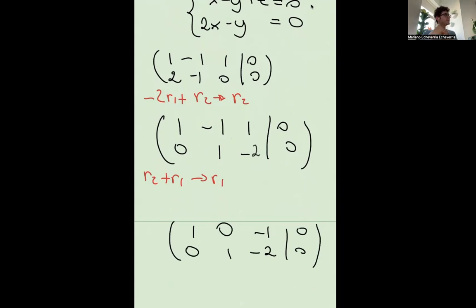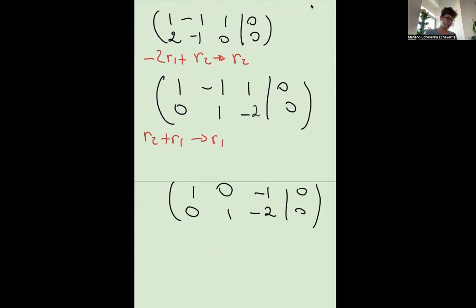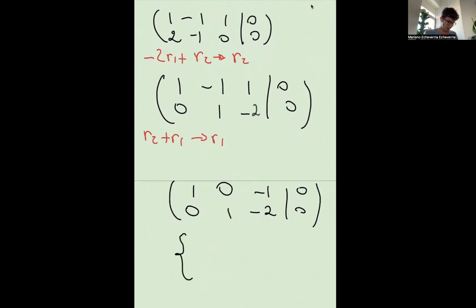And so the point of reducing matrices is that once you reduce the matrix, you can return back to the system of equations, right? So it gives you x minus z equals 0 and y minus 2z equals 0.